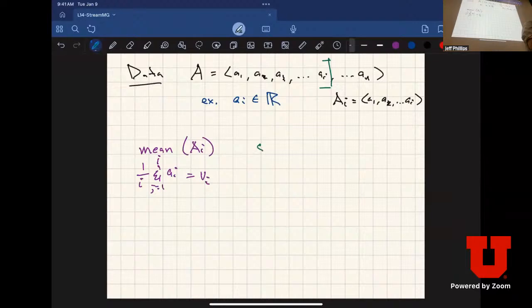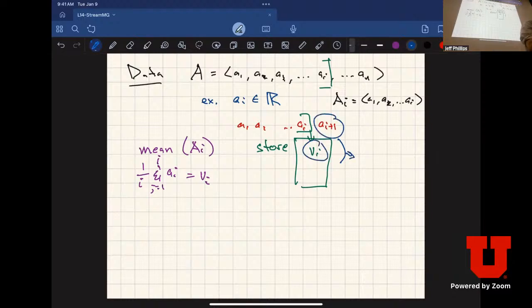I have some memory here, and I've stored in it this value vi, and there's this stream coming, A1, A2, up to Ai, and now I'm given another point Ai plus 1, and I want to do some operation using Ai plus 1 and whatever I've stored, to get to vi plus 1.